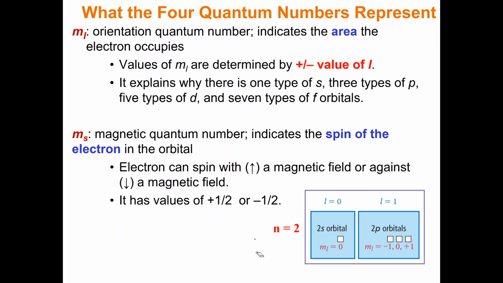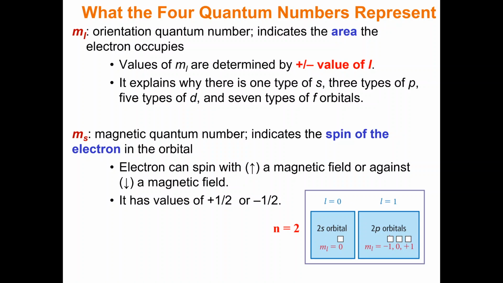So here we have n equal to 2. What could our values of L be? Well, n equal to 2, so it could be up to n minus 1, or up to 1. So we have 0 and we have 1. Then remember, m sub L can be up to plus or minus L. So for the p orbital, m sub L can be equal to minus 1, 0, or 1.